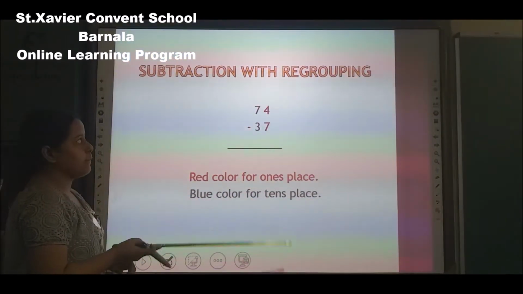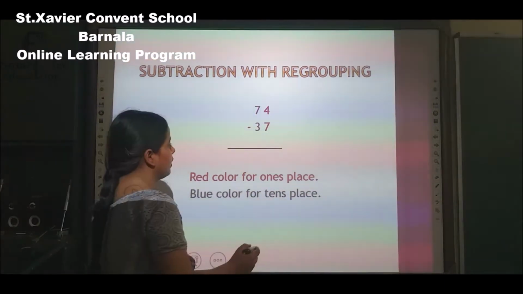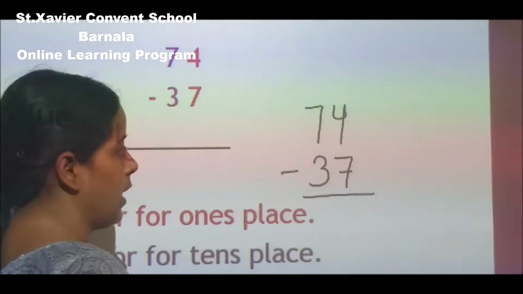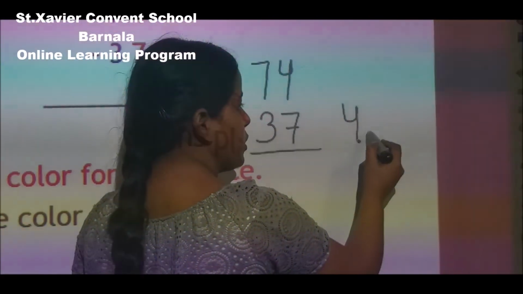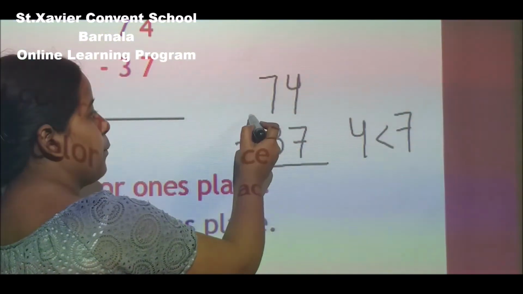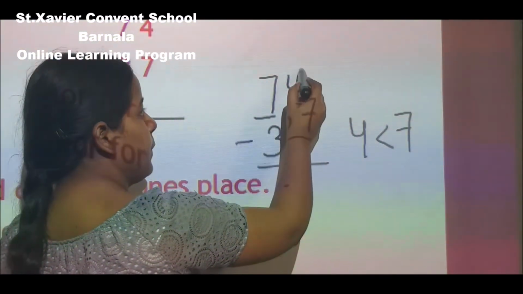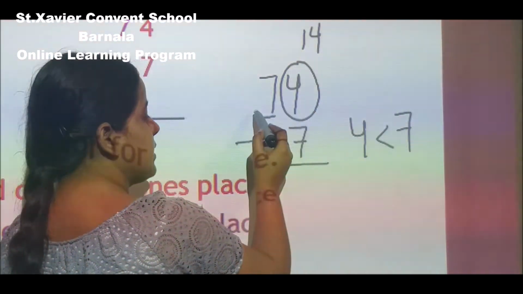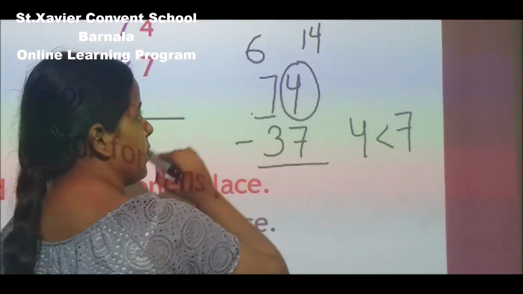Here is the next example of regrouping. There is a 4 and 7. As we know that 4 is smaller than 7, so we take the borrow from 7. 4 becomes 14 and 7 becomes 6.